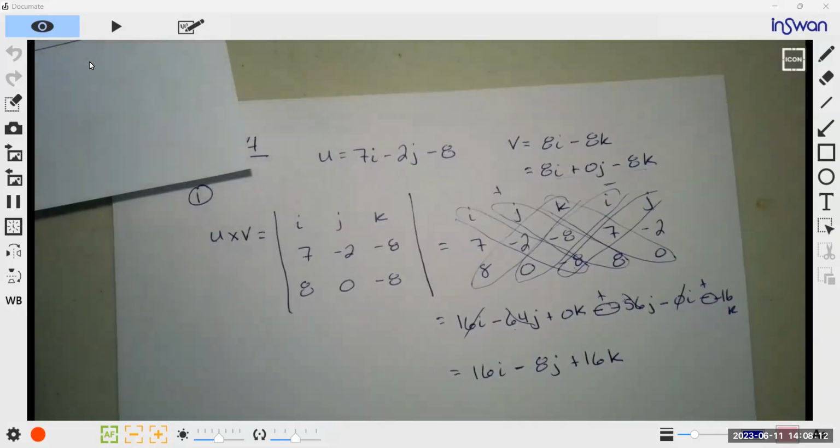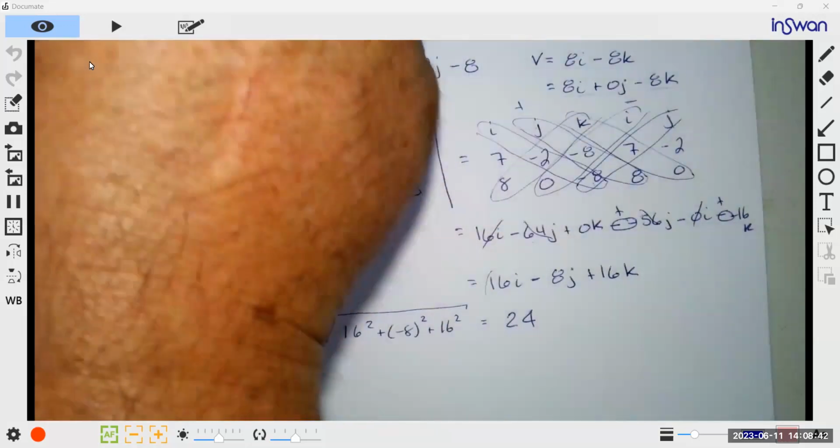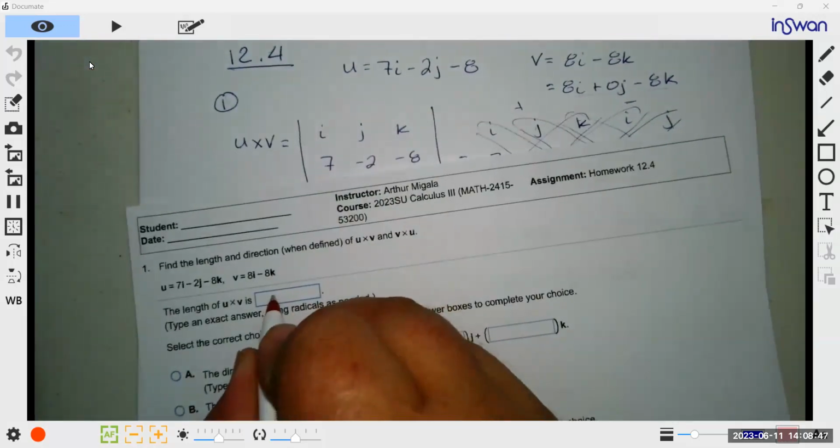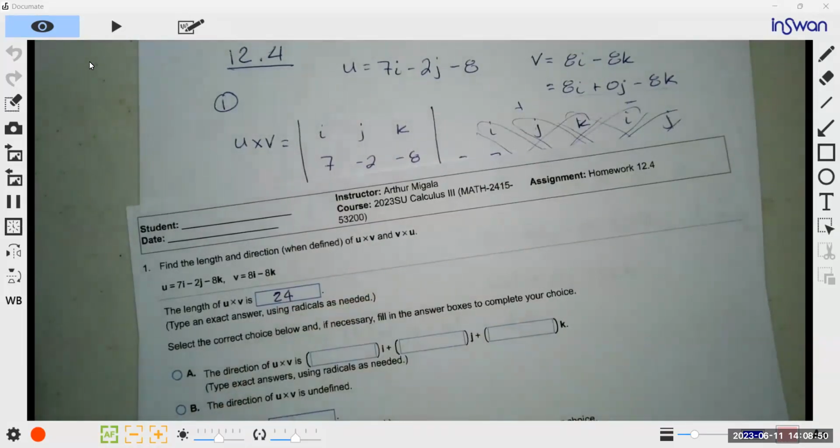So the length of that vector is the square root of 16 squared plus -8 squared plus 16 squared. But then with the calculator, you get 24. So that equals 24.